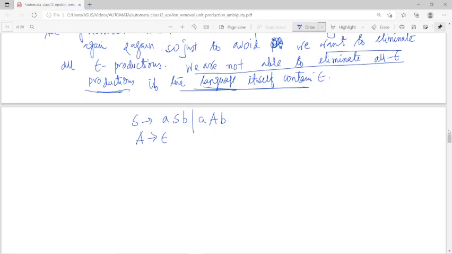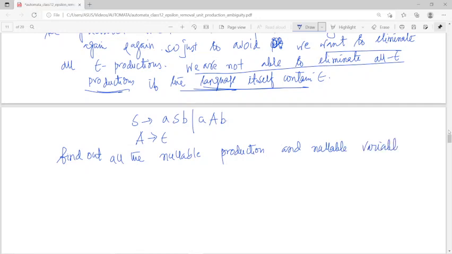I have to first find out all the nullable productions and nullable variables.